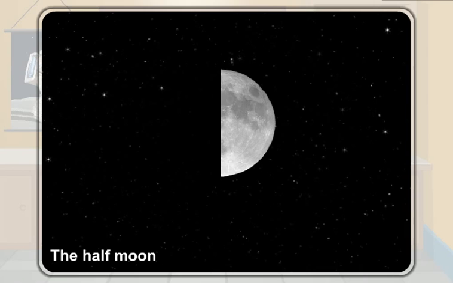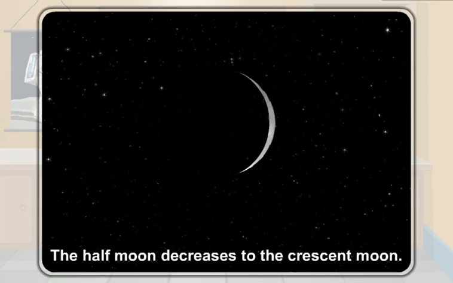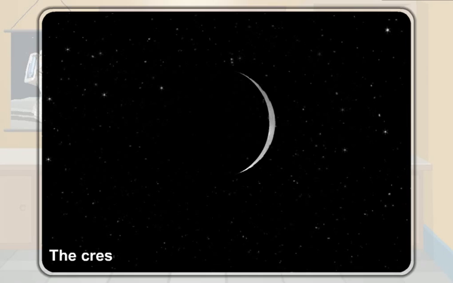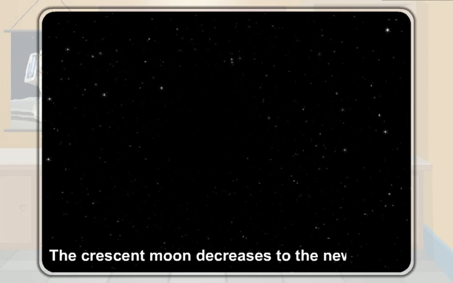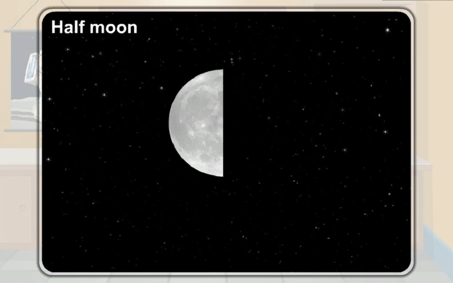The half moon decreases to the crescent moon. And the crescent moon decreases to the new moon. The same process continues again and again.